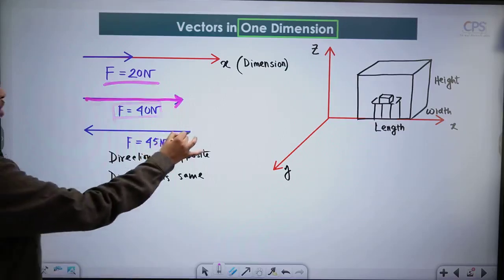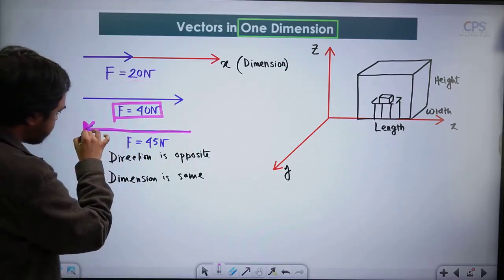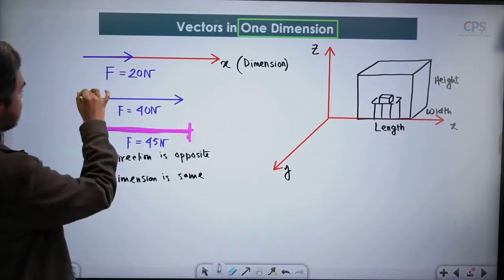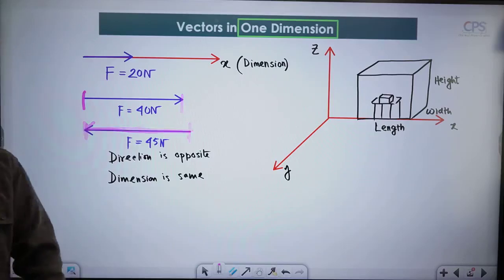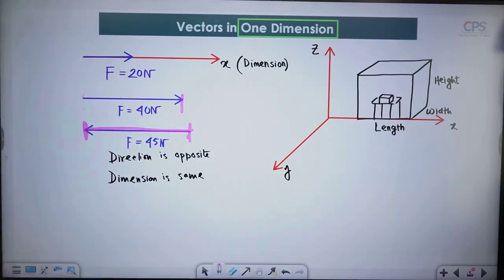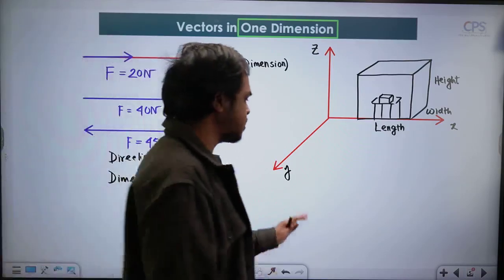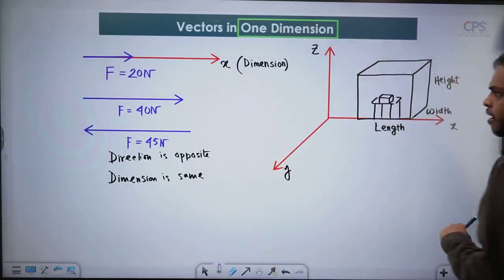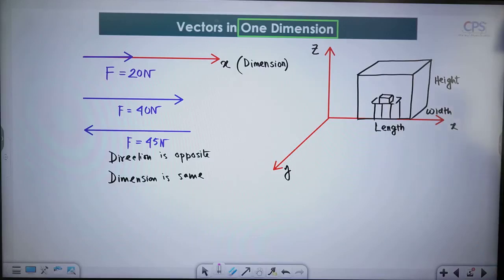And for 45 Newton, this length is greater than the 40 one, of course. There are some things you will learn in the upcoming sessions, so don't worry about this, just keep it in mind. We'll be studying vectors in one dimension right now.